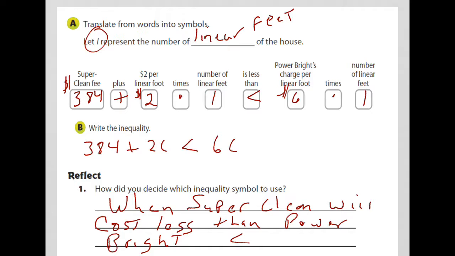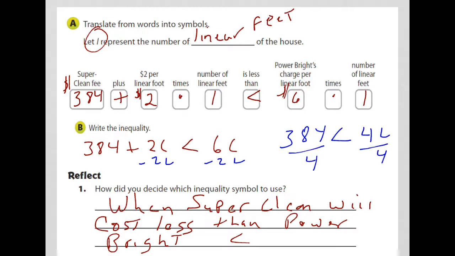We will easily subtract 2L from both sides, and we'll wind up with 384 is less than 4L. Then of course we'll just simply, the same way we were doing an equation, divide both sides by 4.